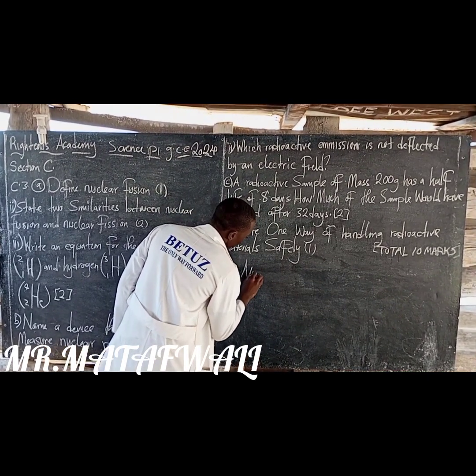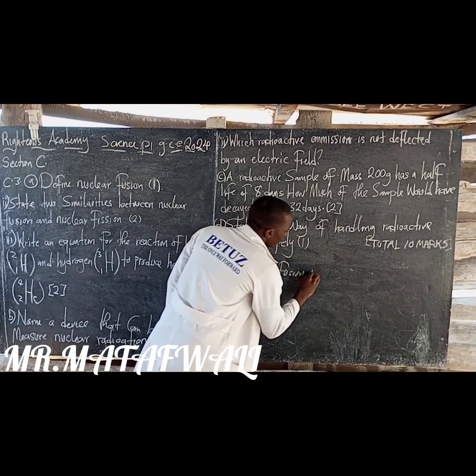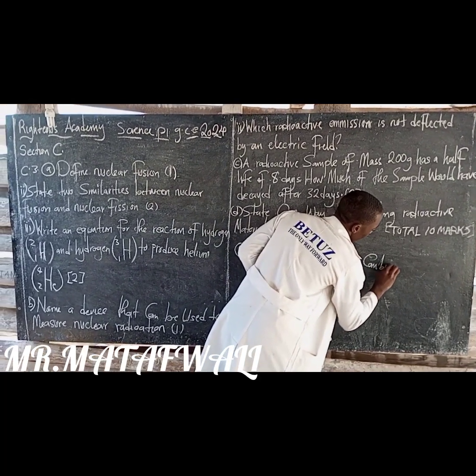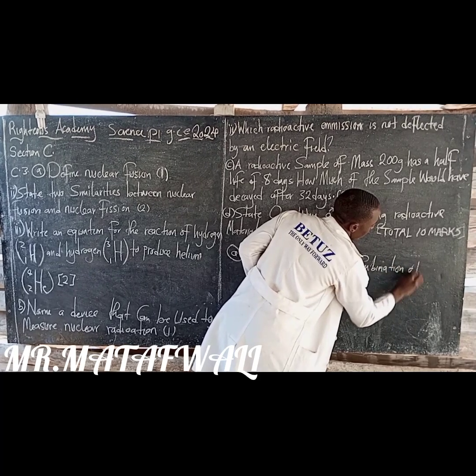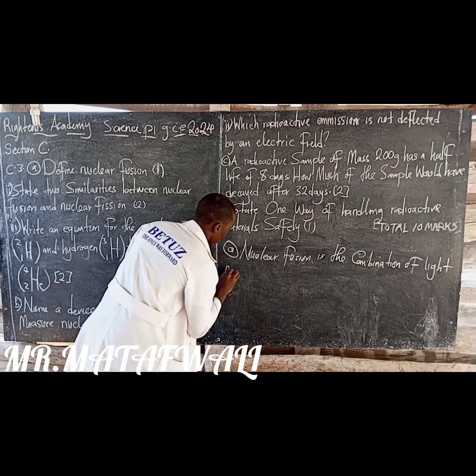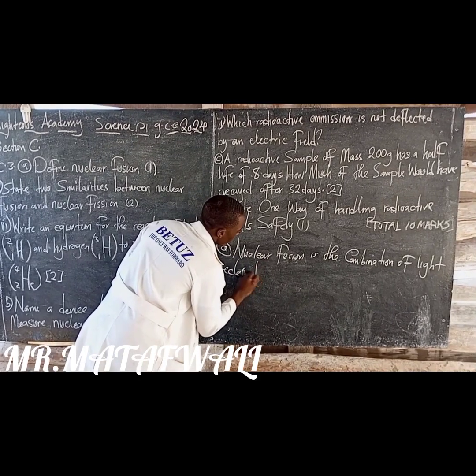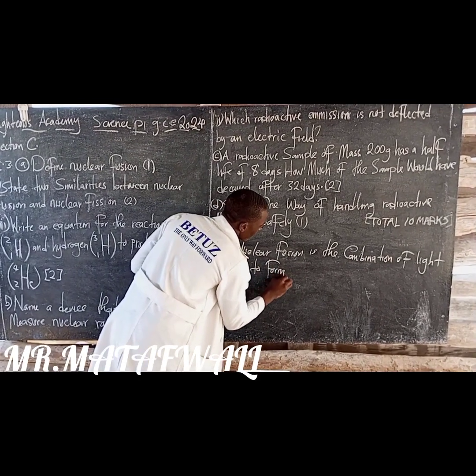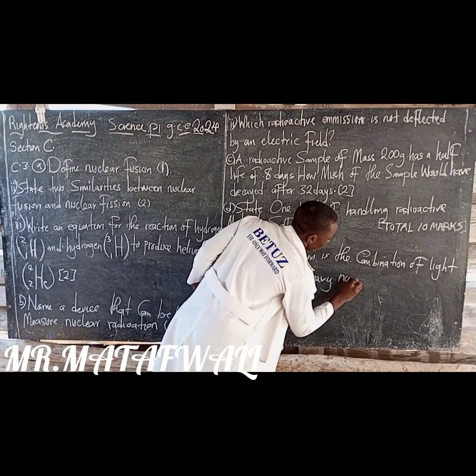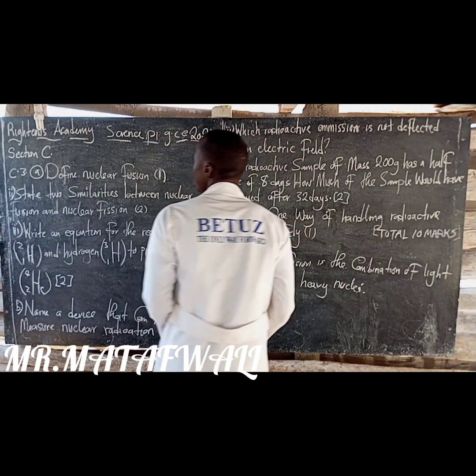Nuclear fusion is the combination of light nuclei to form heavy nuclei. So this was the definition which was needed on question A.